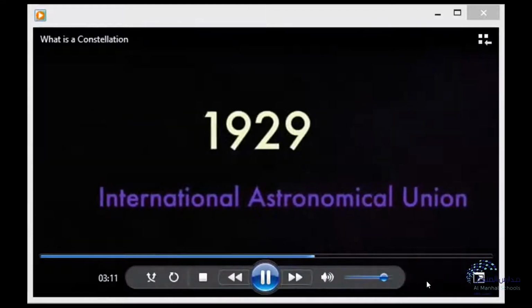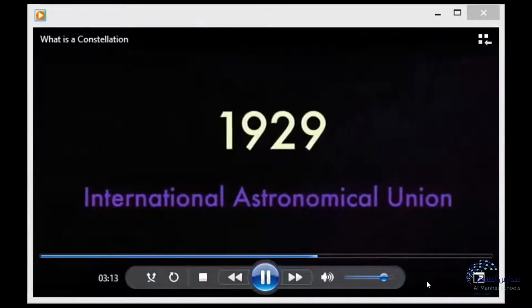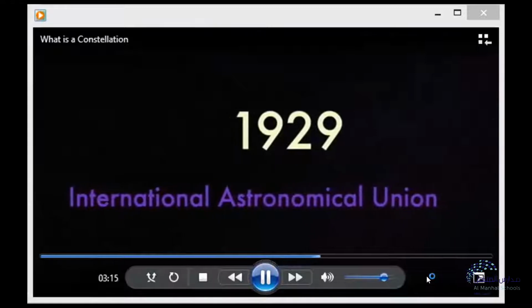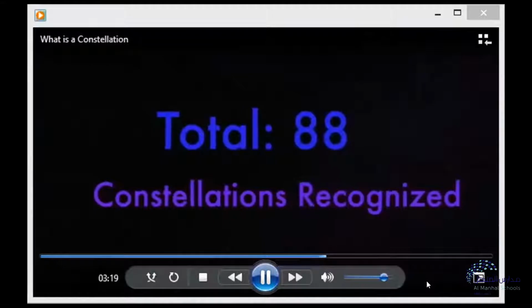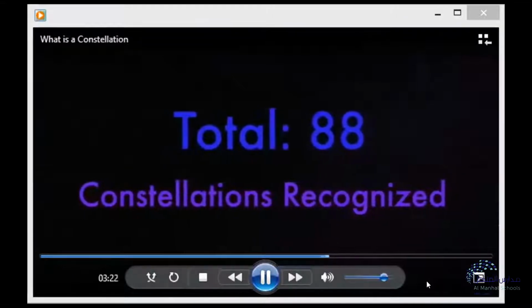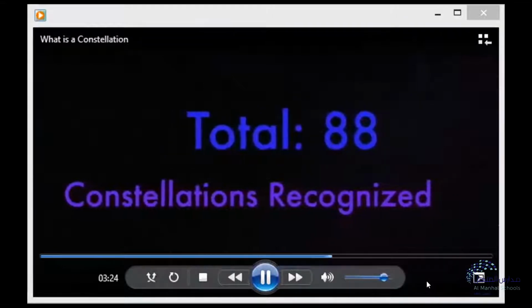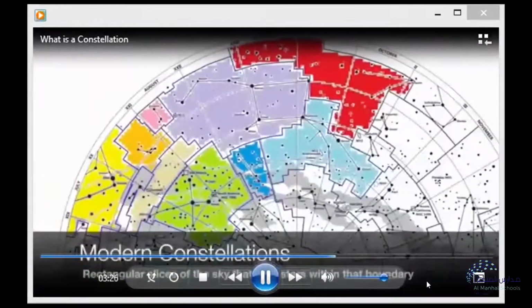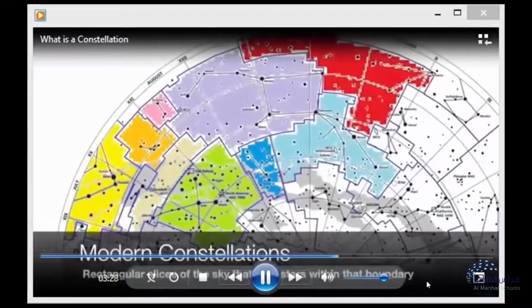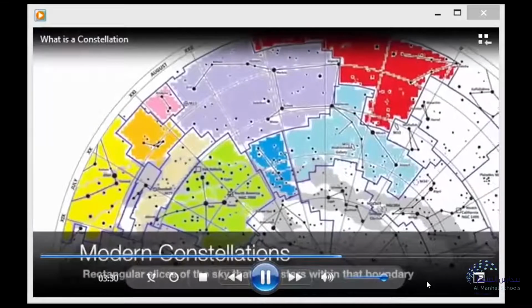To eliminate confusion, the International Astronomical Union gathered together in 1929 to solidify the boundaries of the constellations. Today, 88 constellations are universally recognized. Remember, constellations are rectangular slices of the sky that hold stars within that boundary.